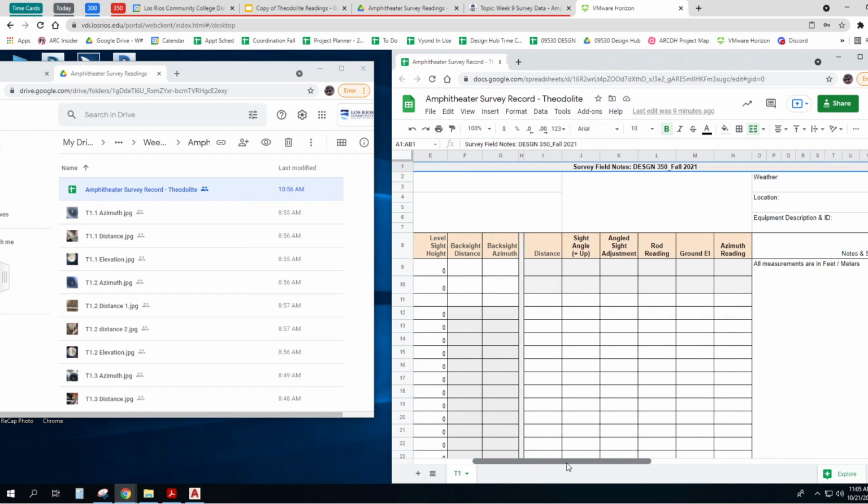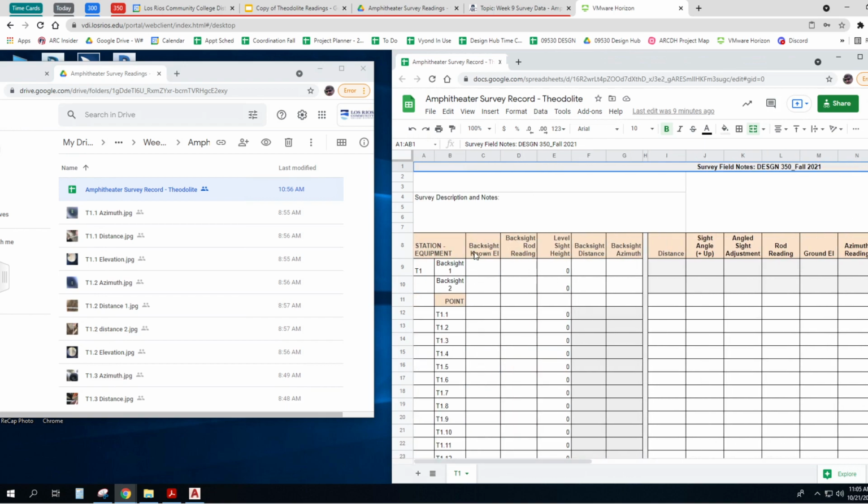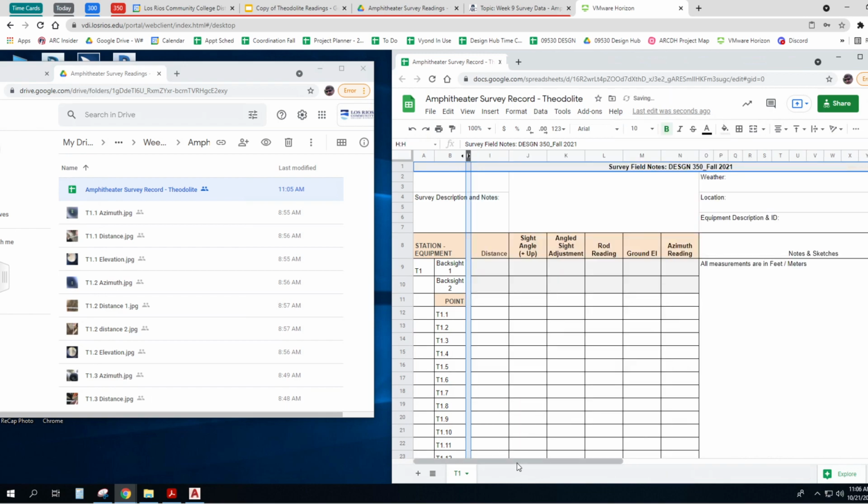So I'm going to move this over so that we just see our main site. And to do that, I'm going to hide some columns just to make it easier to see. You won't have to do this, but just in this case.